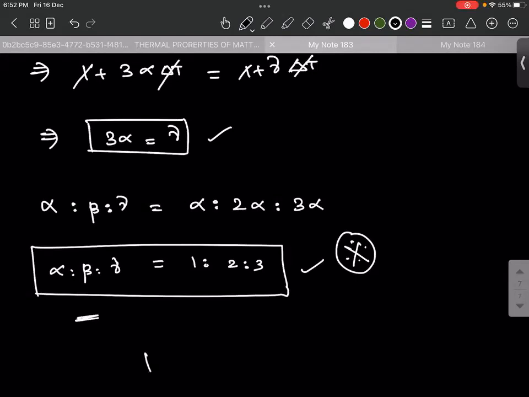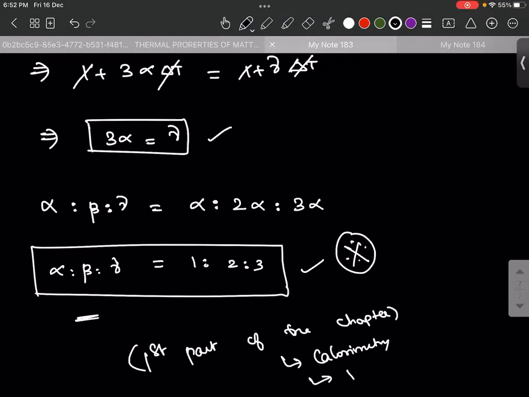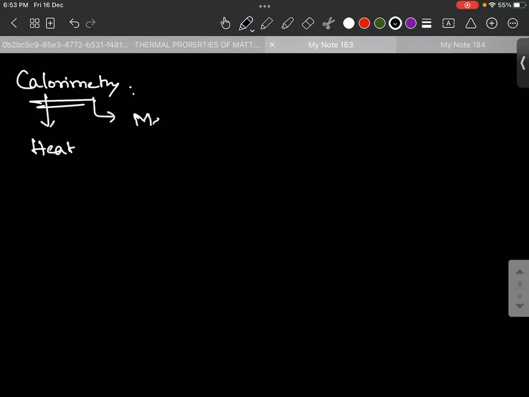So this is all about the first part of this chapter. Okay. We have two more parts, that is calorimetry, and the last part is about the heat transfer. Okay. So I'll just give you an introduction to calorimetry and then we'll wind up the session. So as I told you in the beginning, calorie is heat, metry is measurement.